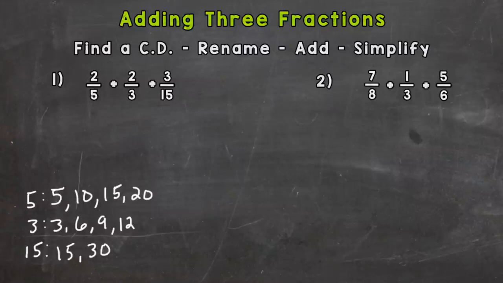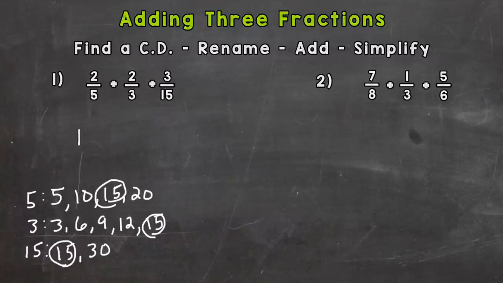So let's continue with my list for 3 because I don't have a match between all three yet. Now when I list that next multiple for 3, I can see I have a common multiple of 15, and that's my least common multiple. So that's going to be our common denominator.